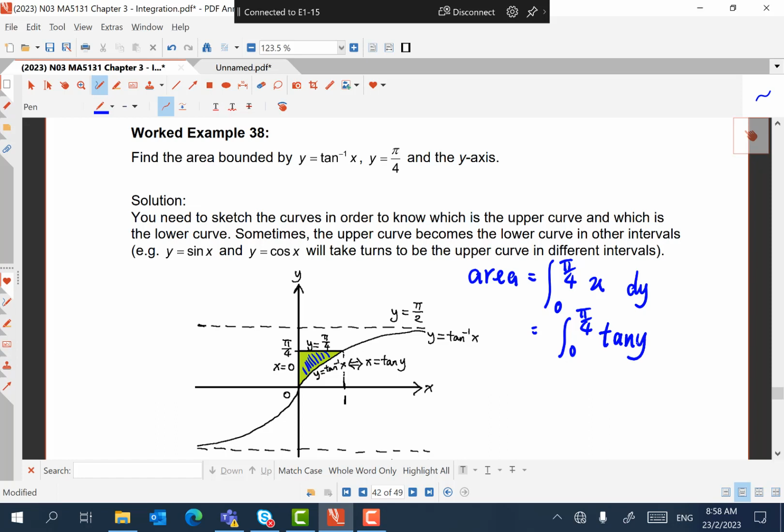And how do we integrate tangent y? Wait, no, I lied. So it's negative log of cosine.